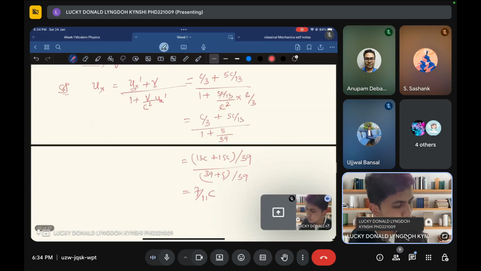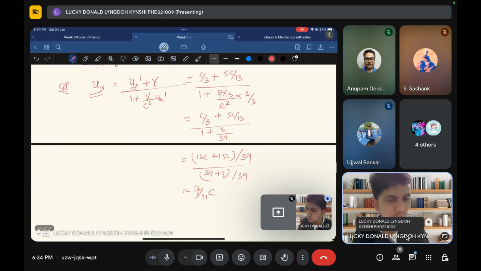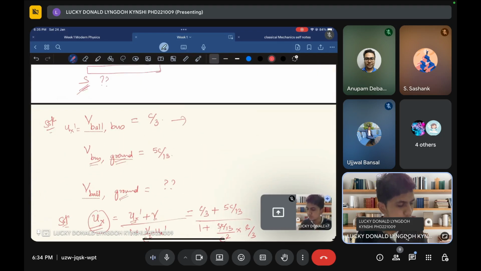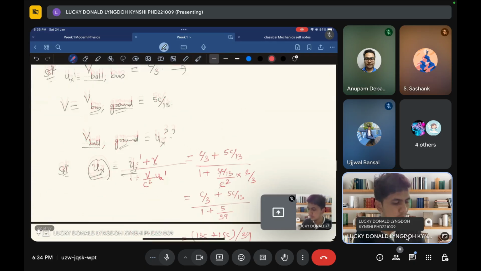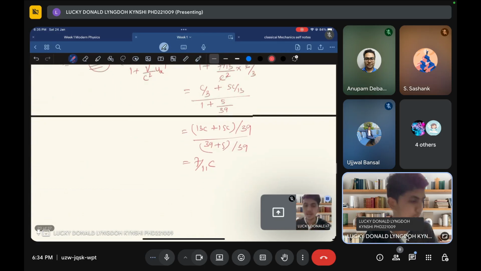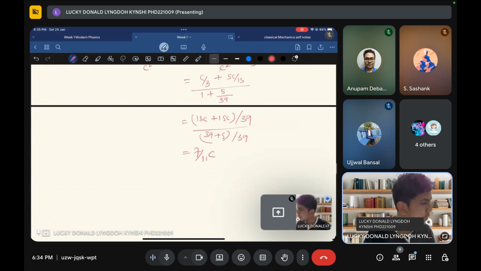It means you have solved for u of x, which is the velocity of the ball as measured from the ground. This is u of x, this is v. So now you have measured the events from your frame of reference, from the observer's frame.